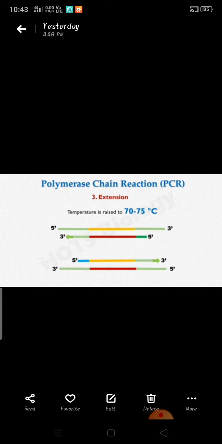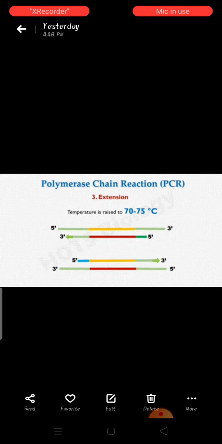This temperature is optimal for the catalytic function of the DNA polymerase. DNA polymerase binds and synthesizes new DNA strands. This process is extension. This is the PCR cycle.